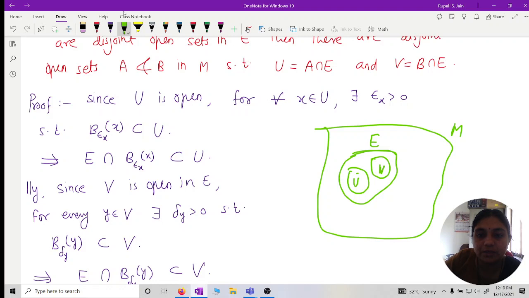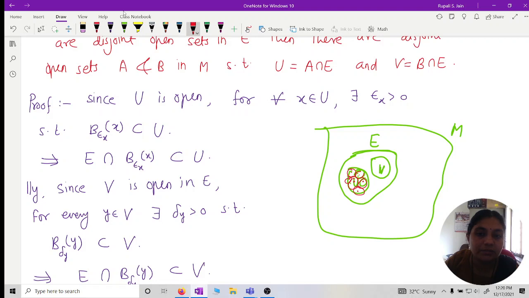For every x there is a ball I am taking. Right? So what is E intersection the union of these balls? It is U itself.